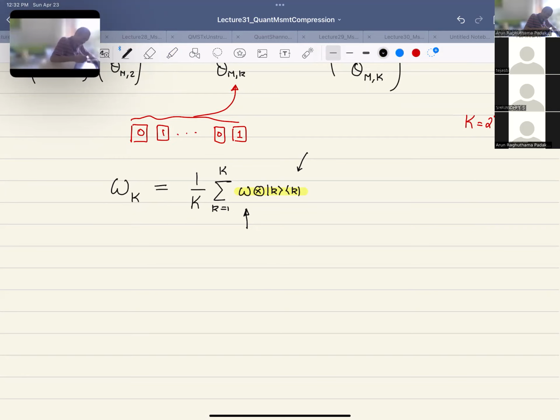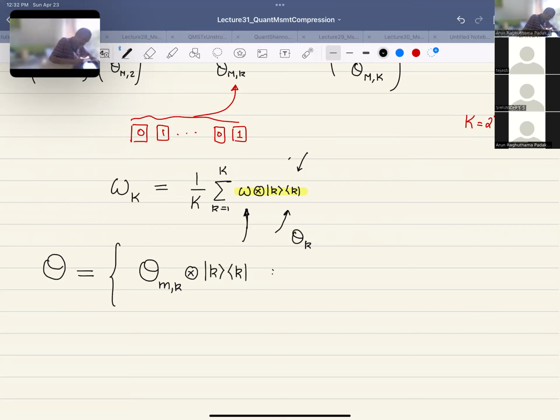Okay, so you see, the way it works is you stare at k with your eyes, and you operate theta mk, right? You operate theta k, right? You look at k with your eyes, and you operate theta k. So in some sense, your eyes are doing a measurement. So I can write a big measurement, right? So that big measurement is as follows. So theta is my big measurement. I will make the measurement theta mk if I see the public coins in the state k.